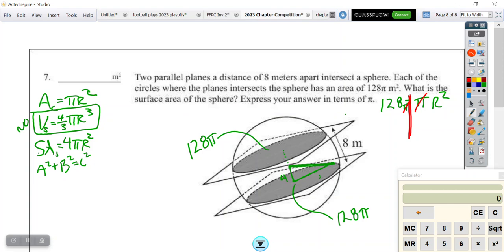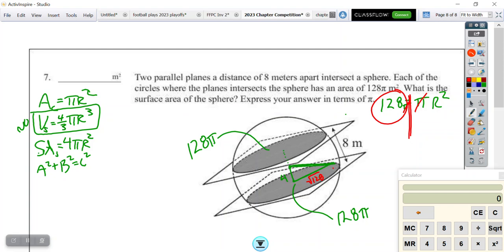So that means this length here is the square root of 128. I am not going to square root it, because the Pythagorean theorem is going to tell me to square the number anyways, and I know that the radius of the circle squared is 128. So I don't need to find the square root right now.